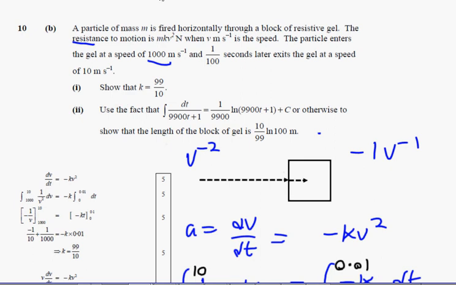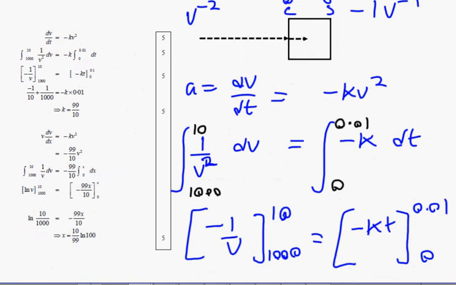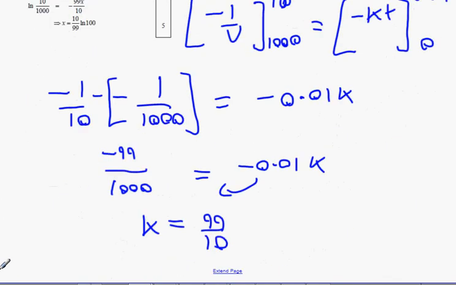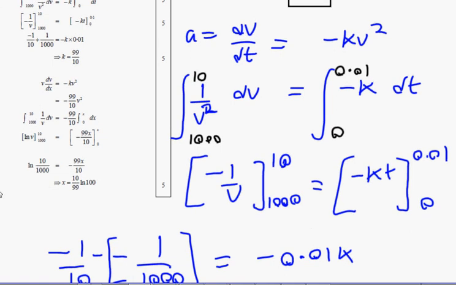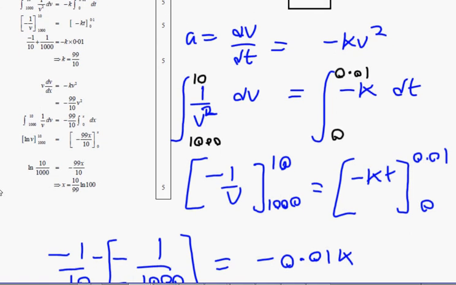Okay, what we're doing is linking this into a distance question, the change in distance. We can call this distance 0 and the end s. The reason we can call it 0 is because when you first enter, your velocity is 1000 and it hasn't travelled any distance through the block. So I might do this a slightly different way.